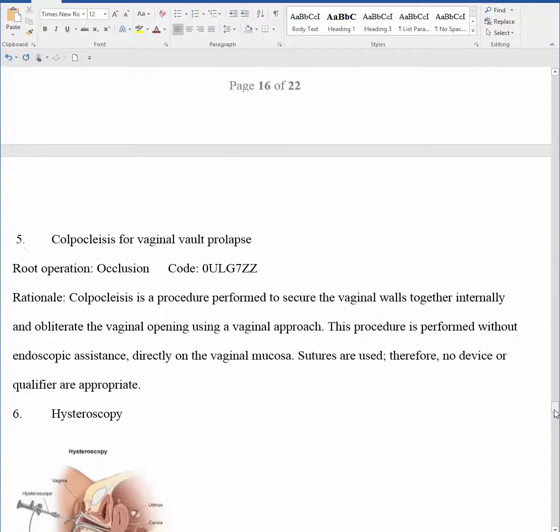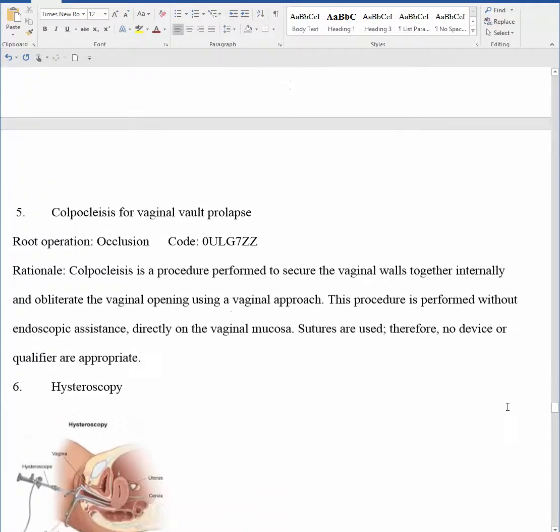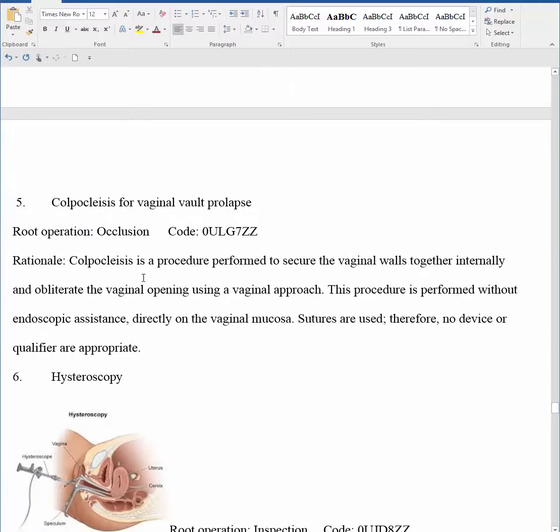Number 5 is colpoclesis for vaginal vault prolapse. What are they doing? They're securing the vaginal walls to keep the opening closed, so to speak. This is typically done when a woman has a prolapse.